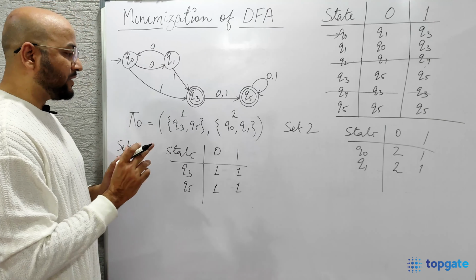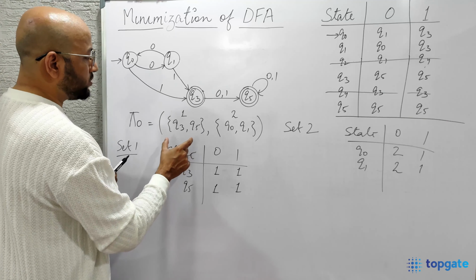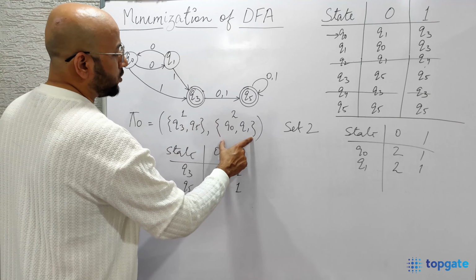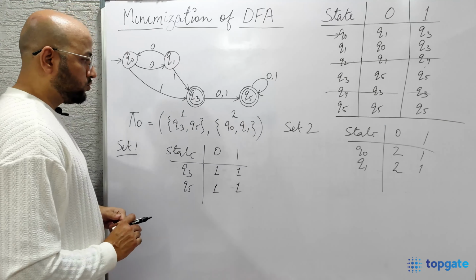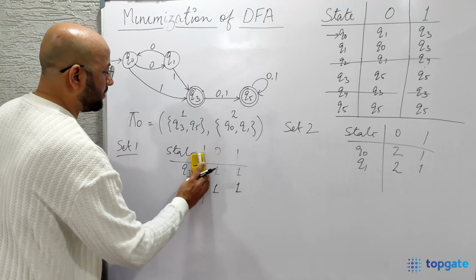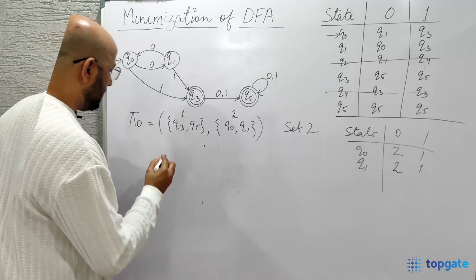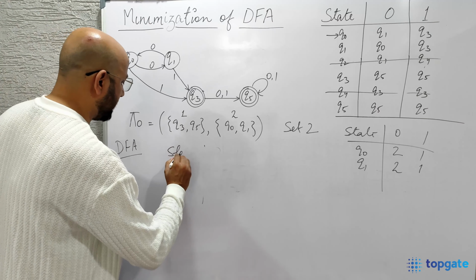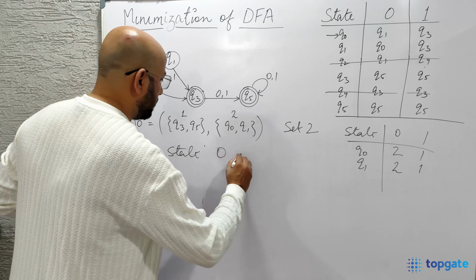So in the final minimized DFA, I will have only 2 states, that is the combination of Q3 and Q5 and the combination of Q0 and Q1. Now let's quickly make the table for the final minimized DFA. The final DFA table will have state, 0 and 1.